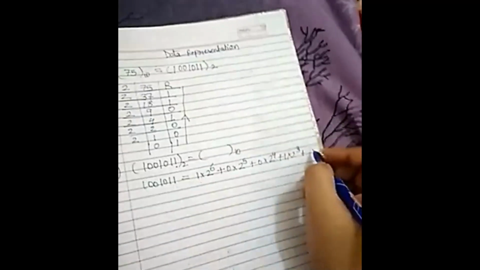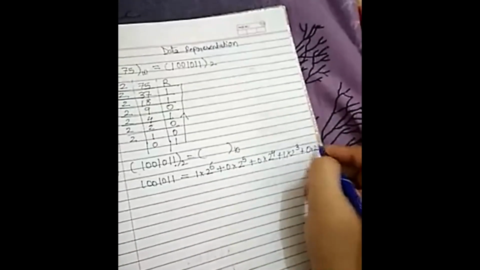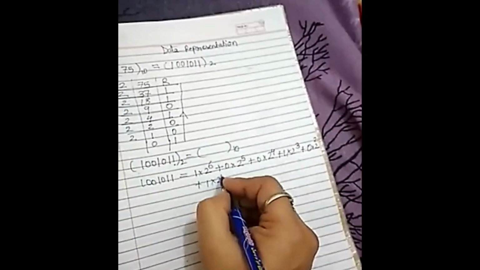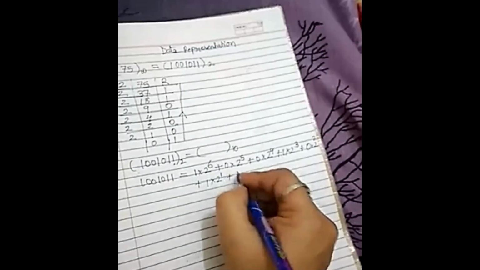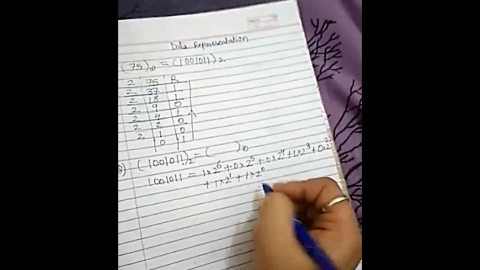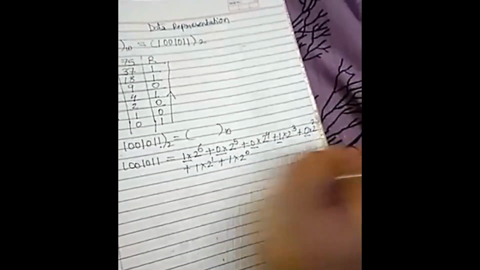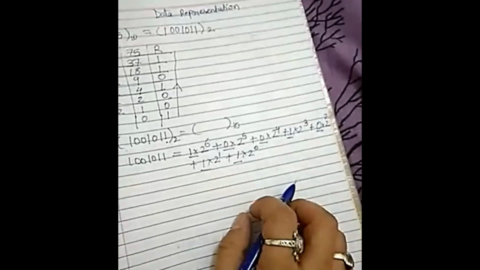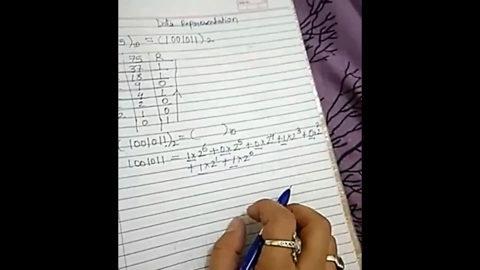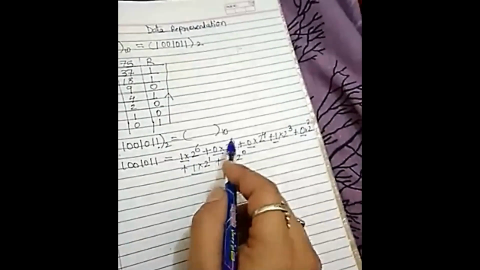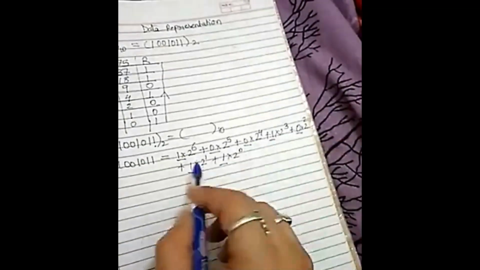Then the next number 0 with 2 to the power 2, in this manner. The next number with 2 to the power 1, and the next number with 2 to the power 0. Now I think it's clear. See, 1 0 0 1 0 1 1 was our number, and we have multiplied with the highest power 2 to the power 6, then 2 to the power 5, 4, 3, 2, 1 and 0.